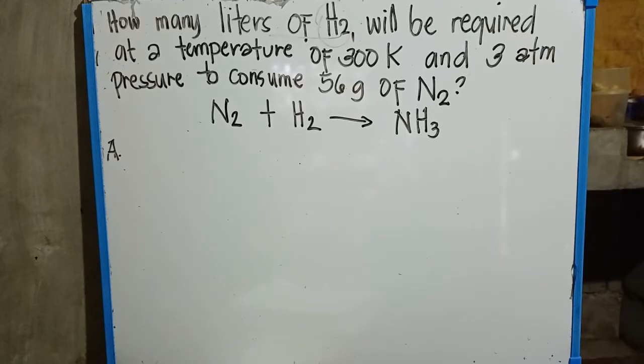So as you can see, our products result in 3 atoms of hydrogen and our nitrogen is only 1. So since dili siya balance, we need to balance the equation.